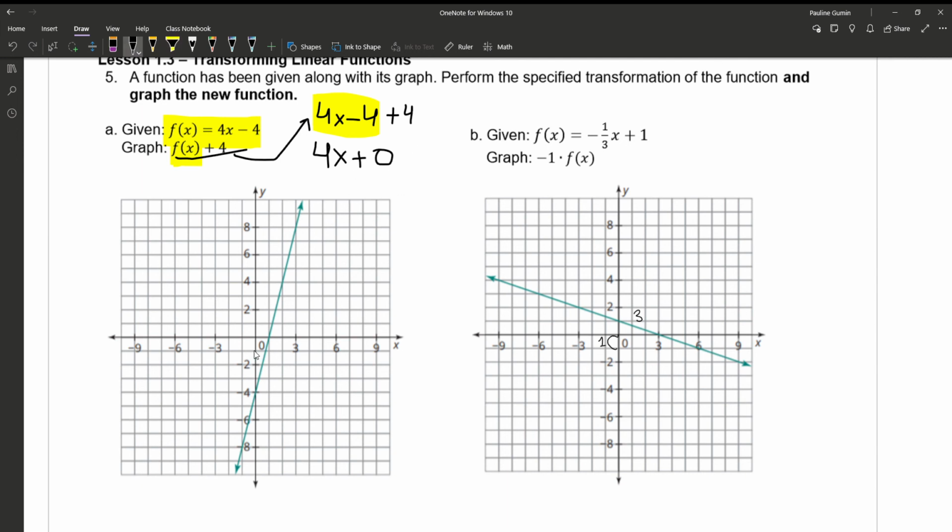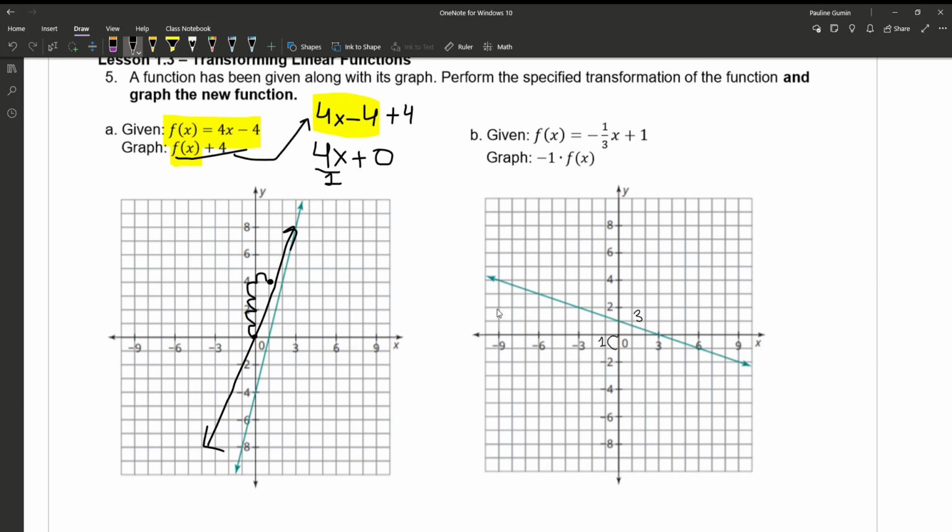Our y-intercept is going to be right here at 0. 4 is our average rate of change. And like any whole number, it can be written over 1. So it's really telling us that we're going to go up 4 and to the right 1. That's our new point. And I can connect the graph.